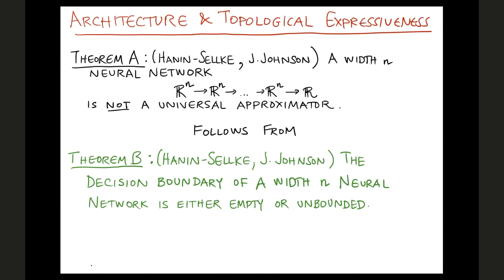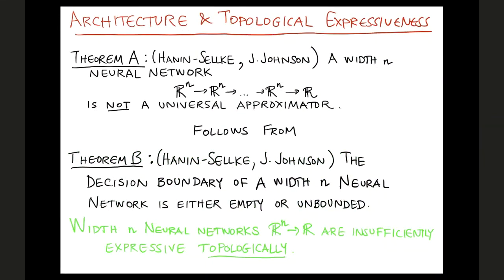You never have a decision region which is like a disk. It only ever has the topology of a half space. I think this is a really cool result. The idea here is that a width n neural network is insufficiently expressive topologically. That's the way that we should read their theorem.